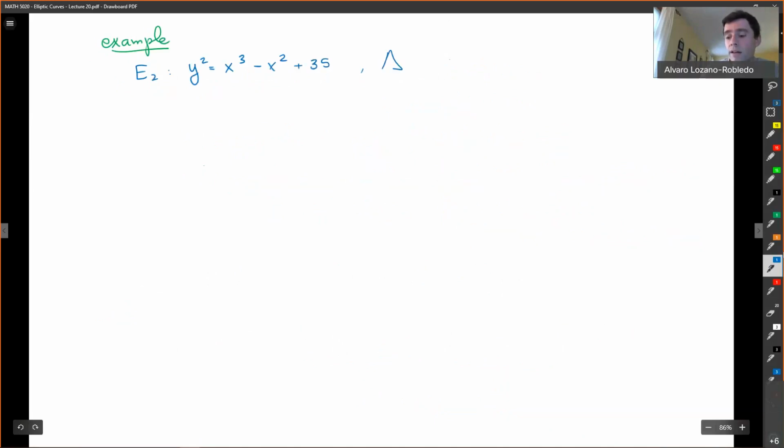Then delta here is minus 2 to the 4 times 5 times 7 times 941. You can clearly see that 5 and 7 are going to be bad because 5 and 7 divide it, but all of a sudden 941 comes out of nowhere as a bad prime. In any case, c4 is 16, so they are all primes of multiplicative reduction.